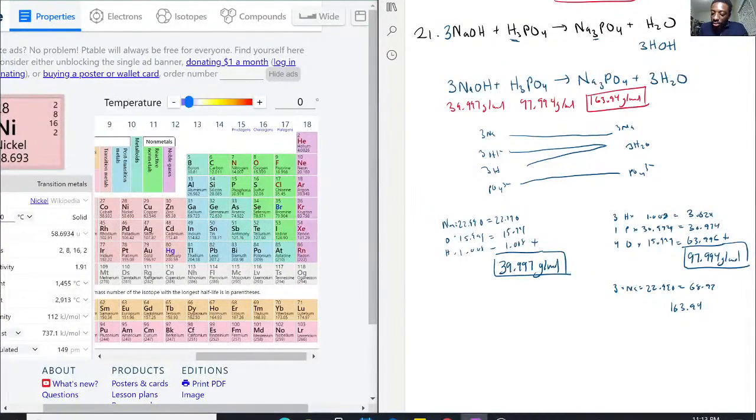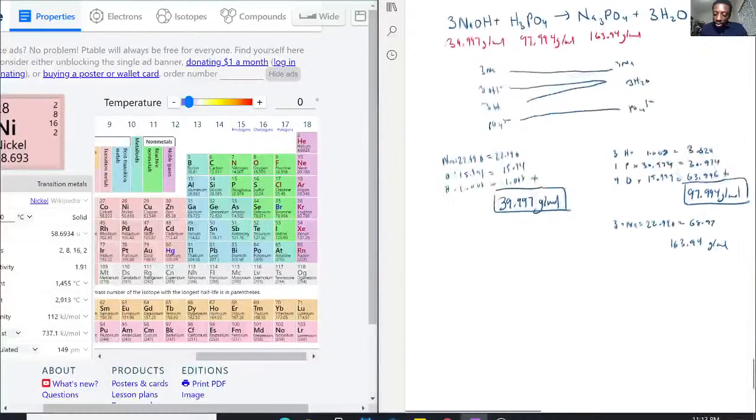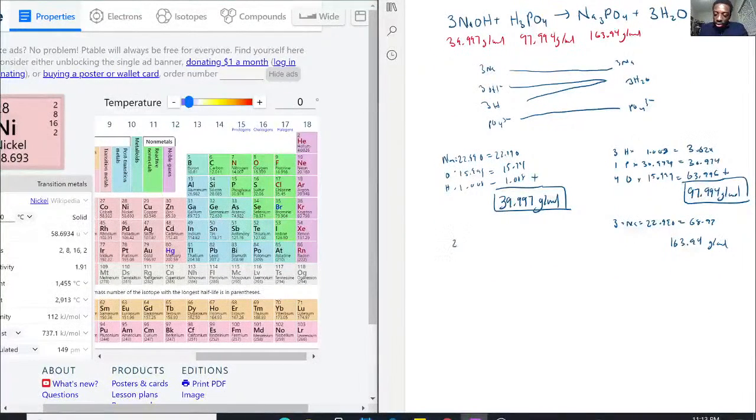And now, whoops, so we don't need this. For the last one, the water, that one is just 2H and 1O.